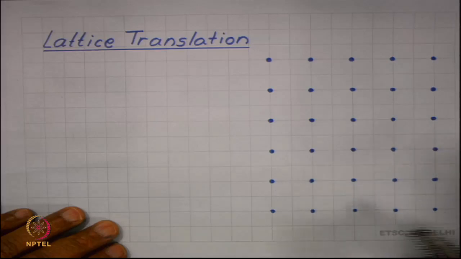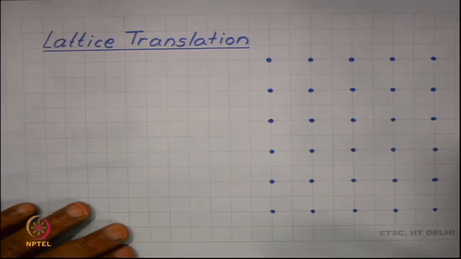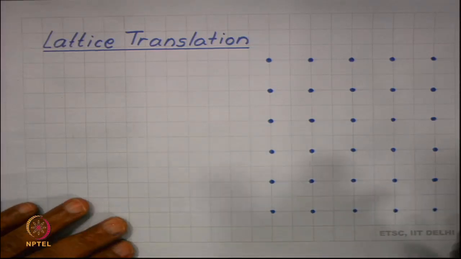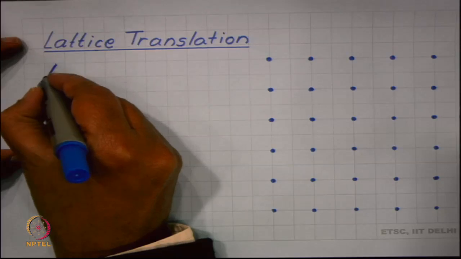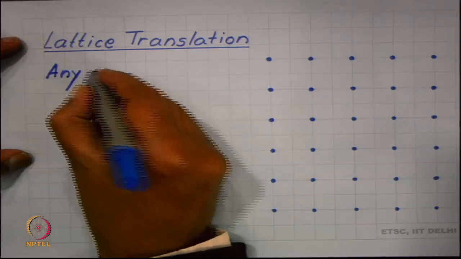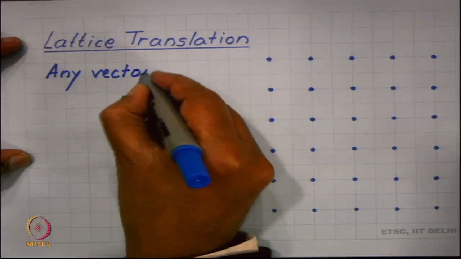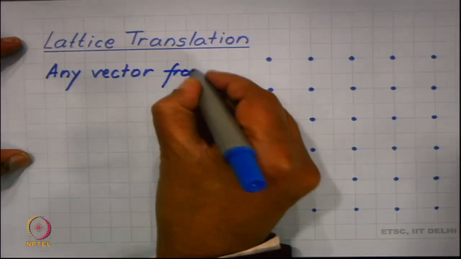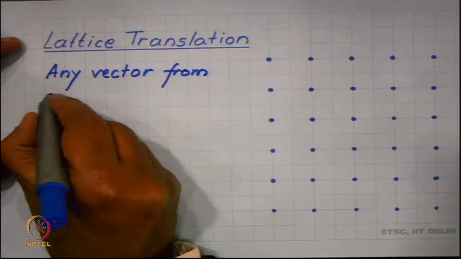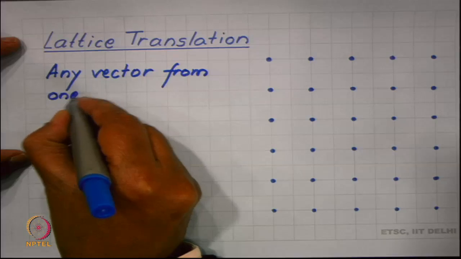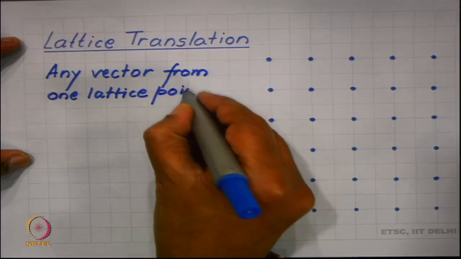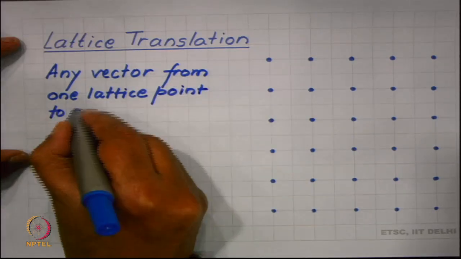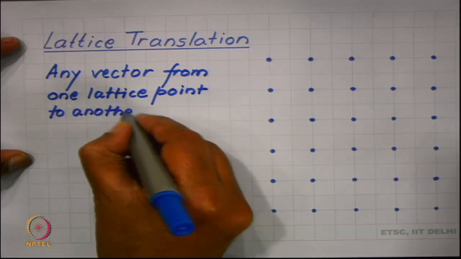We already have a periodic set of points which is a lattice, and I have drawn an example here, a nice simple square lattice. Lattice translation we can define as any vector from one lattice point to another lattice point.